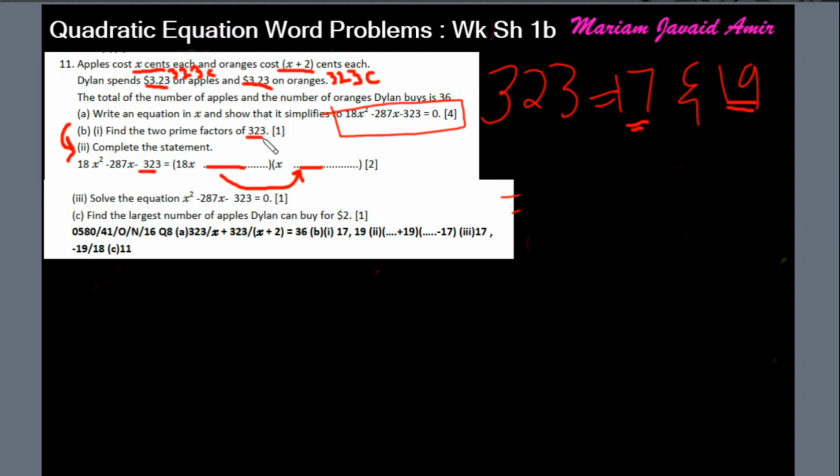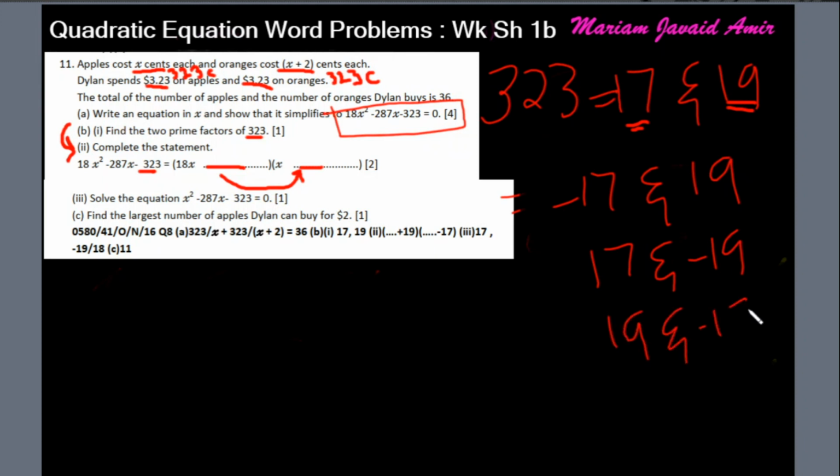So we can try different combinations, like minus 17 and 19, or 17 and minus 19, or 19 and minus 17, or minus 19 and 17.